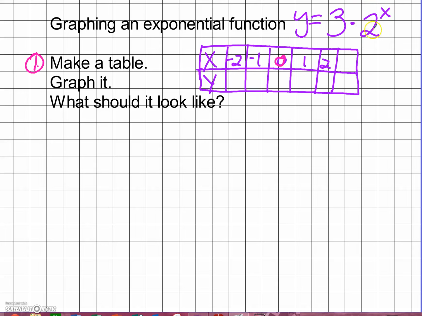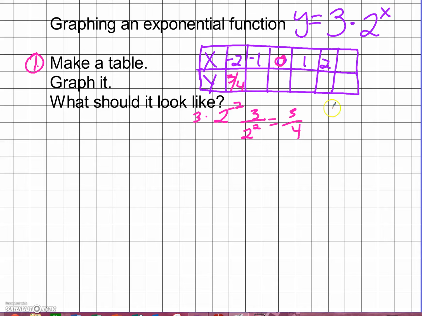So 2 to the -2 power, here's where those things come in handy. 2 to the -2 power is the same thing as moving it to the denominator. So we still have the 3 here, times 3. Leave the 3 there, move 2 to the 2 power down, so you get 3/4. There's where that comes in handy for you.